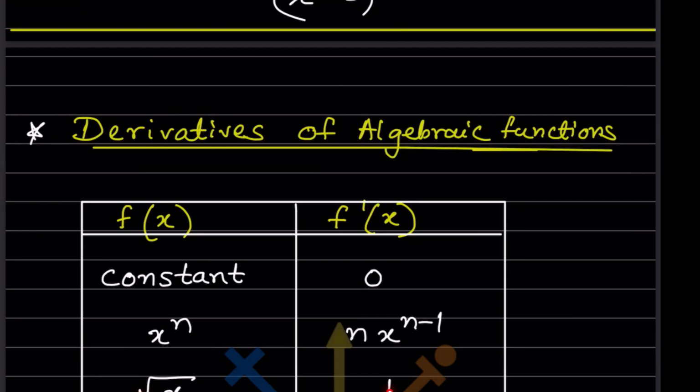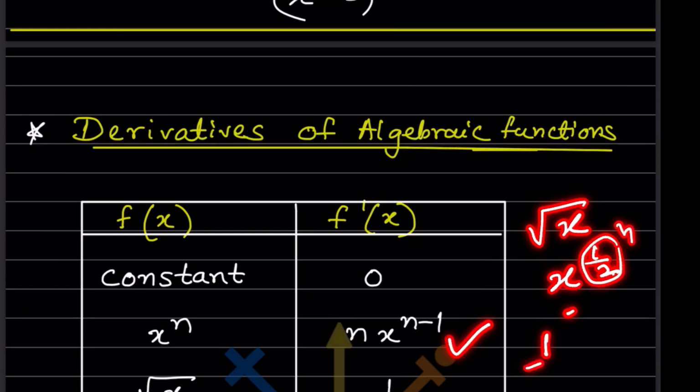The derivative of root of x is 1 by 2 root x. Now this is often a confusion, so how do we get 1 by 2 root x? See here, root of x we can write as x raised to 1 by 2. Now we know this rule, this is n. So this will be half x raised to 1 by 2 minus 1, which is n minus 1, meaning it is going to be minus 1 by 2.